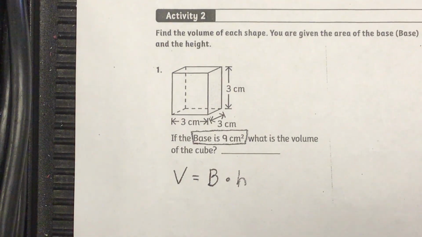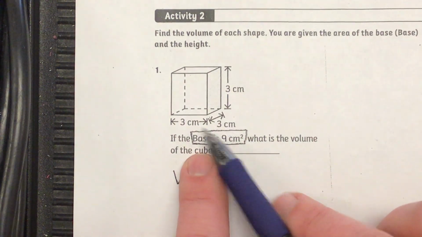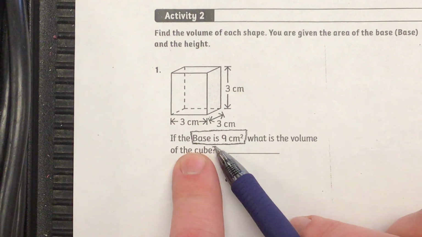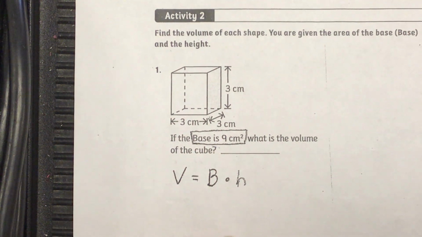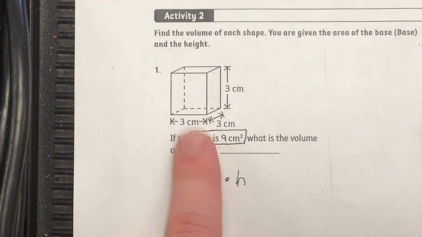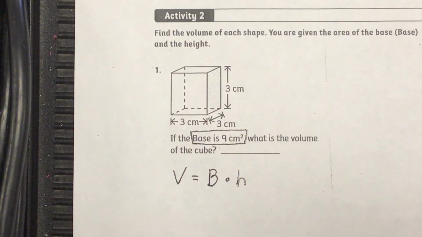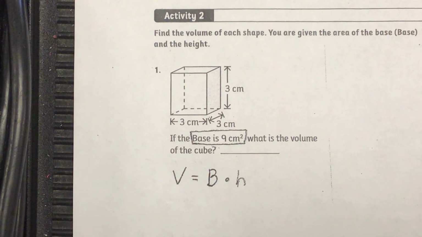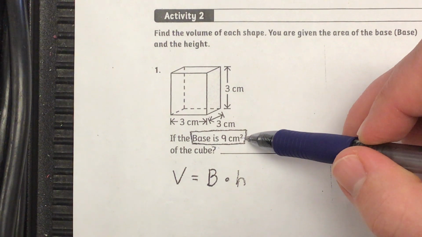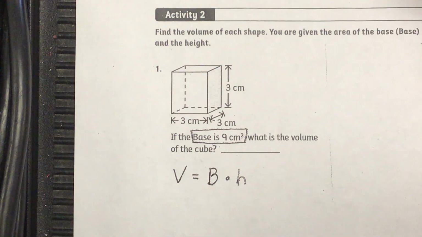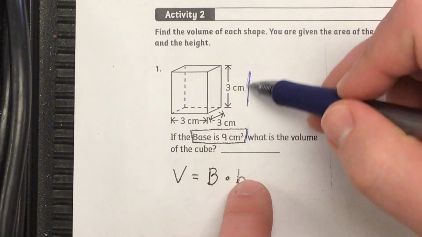Now on the back, it gives us this cube with all our dimensions, and it says, if the base is 9 centimeters squared, what is the volume? So how do we set this one up? If our base is 9, how do we find the volume? Well, we already have our base. 9 times 3, because 3 is our height.